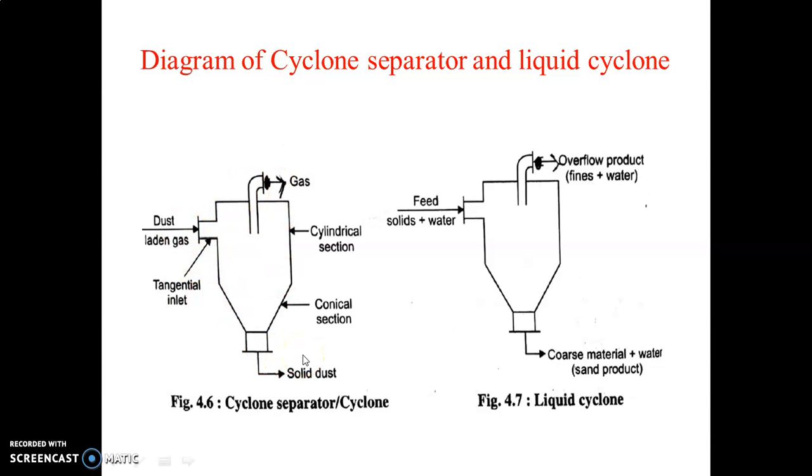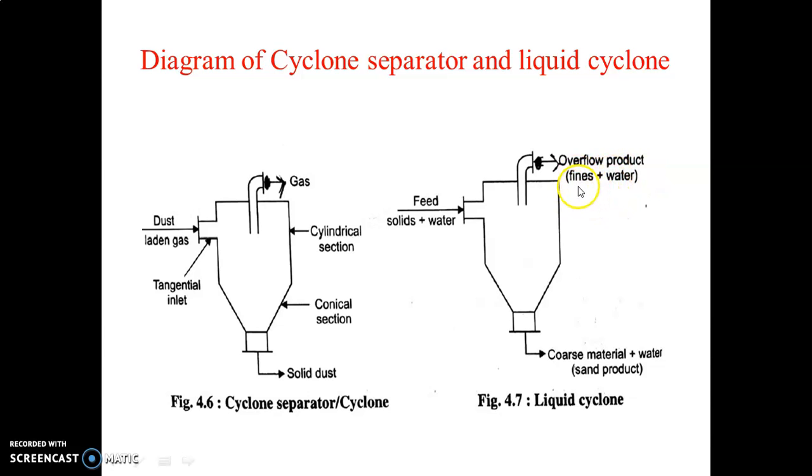And then in the case of a liquid cyclone, you just have to add the solid plus water. Then the centrifugal force is created here. This centrifugal force again throws the solid particles along this wall, and these solid particles are collected with water, and some part of that water is also collected from this pipe, that is known as the overflow product.